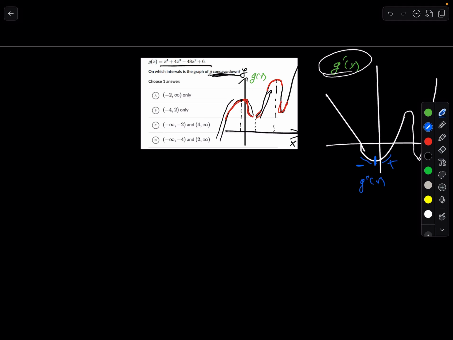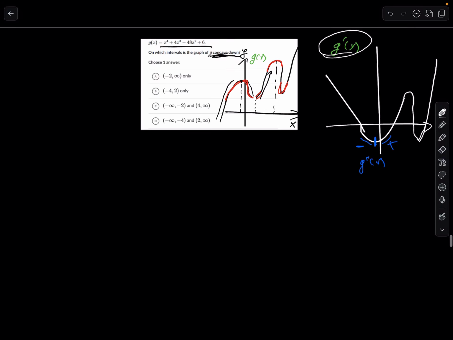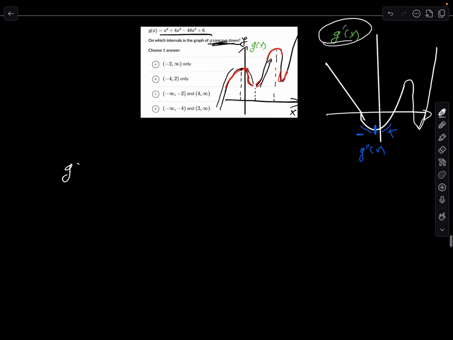I guess this is enough context for the problem, and now it's time that we solve the problem itself. I really hope that you got all this backstory, and now with prior experience and knowledge, we can easily tackle this question together. Okay, so we have this polynomial. G of x is equal to that good stuff.